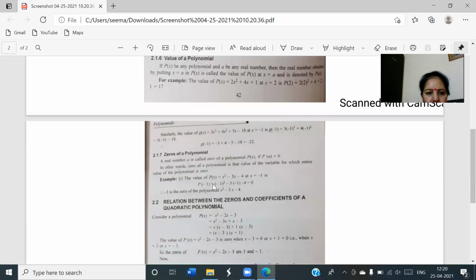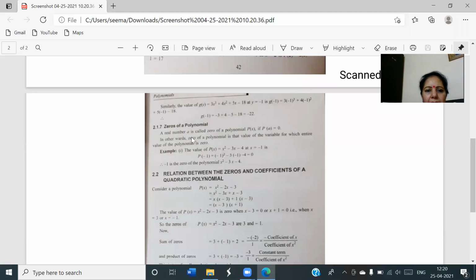Now, zero of a polynomial. A real number a is called a zero of a polynomial if p(a) equal to 0. It means by substituting the value of a variable, we get the value of the polynomial as 0.